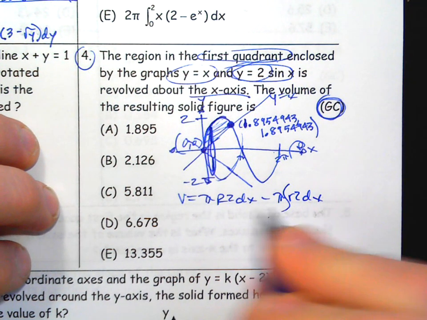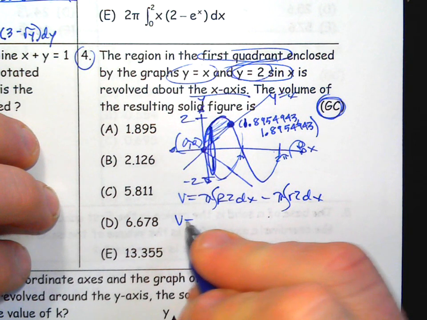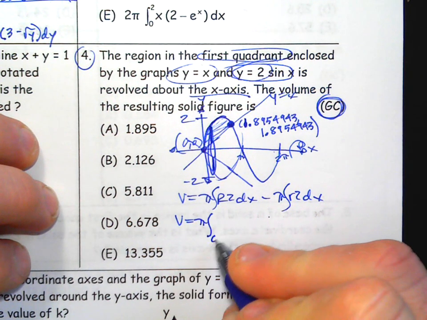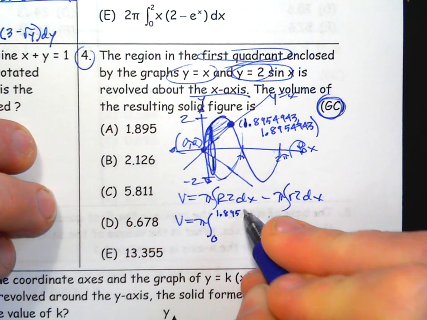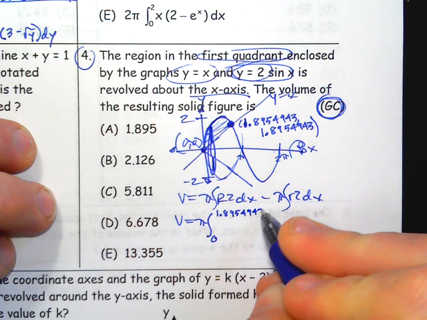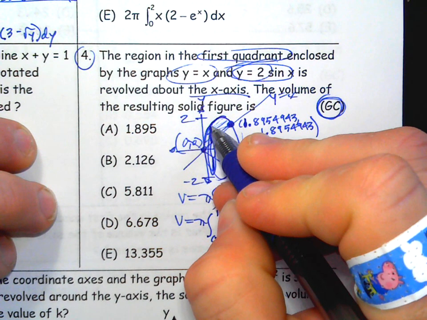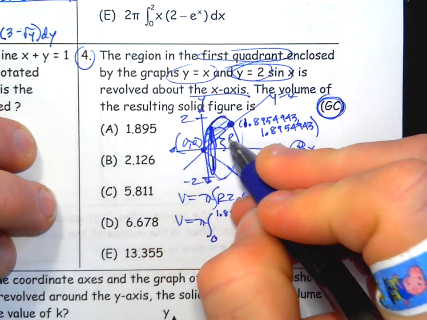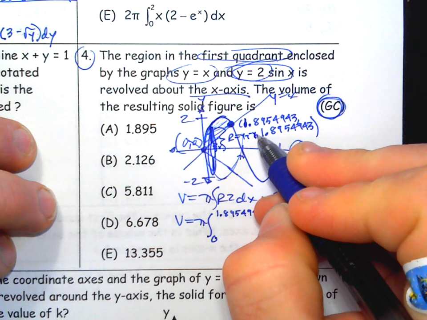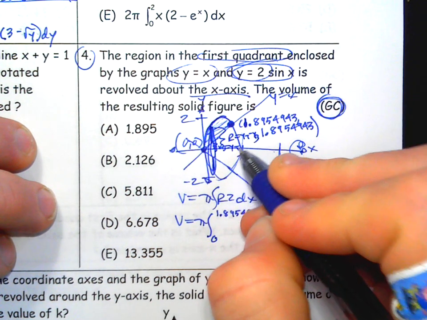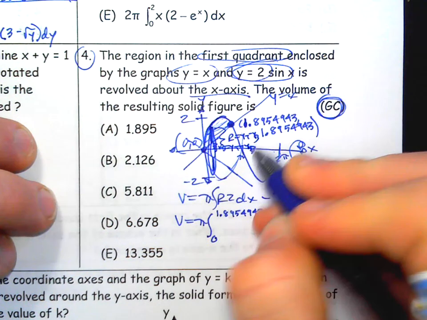We're going to integrate them, from 0 to 1.89549343. Now the big radius is right here, and the little radius is right here, and this is y top minus y bottom.